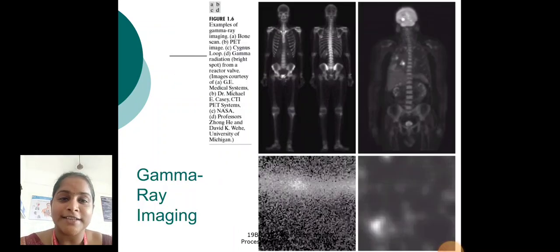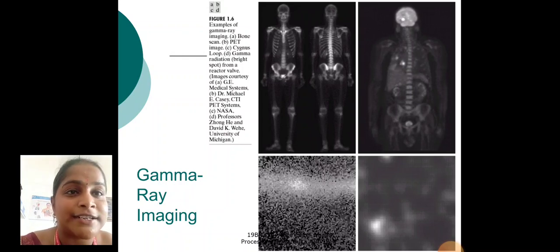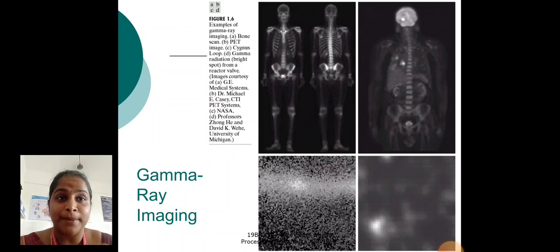Next one, here we have listed some of the applications of digital image processing. Here the first one is gamma ray imaging. Here it shows examples of gamma ray imaging. First one is a bone scan, second one is a PET image, third one is a Cygnus loop, and fourth one is gamma radiation, a bright spot from a reactor wall.